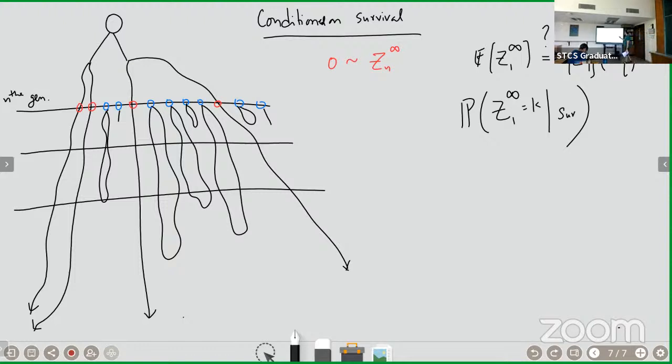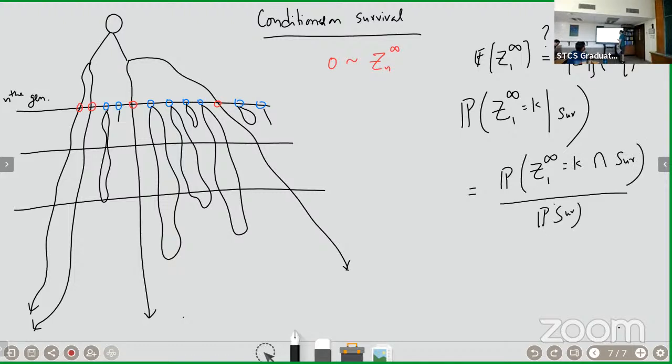How should I calculate this now? Divided by this. What was this?